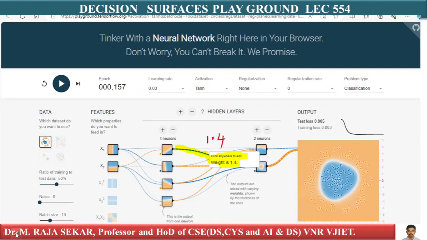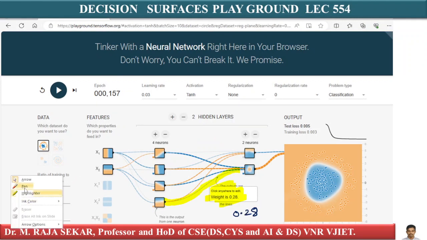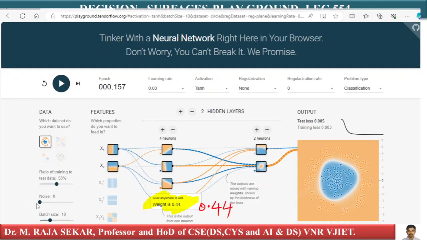If I take my cursor here, it shows 1.4, which means the weight of this particular edge is 1.4. In a similar manner, for this particular edge the weight is 0.28, isn't it? You can just move the cursor to a particular edge and you will get the weights. Here you have an edge with weight 0.44.